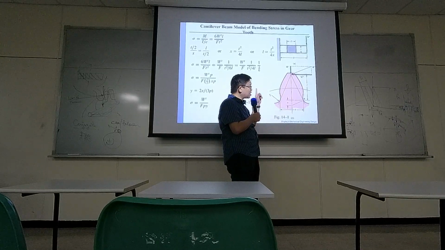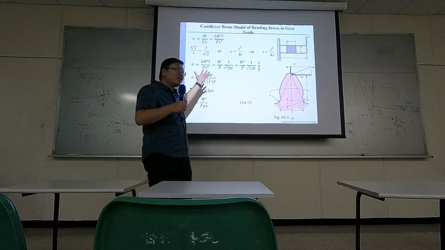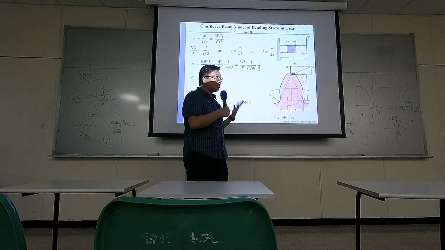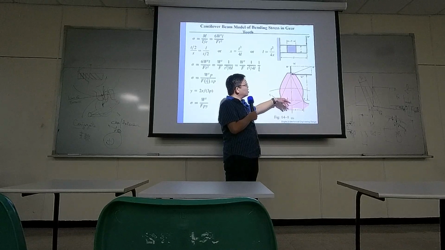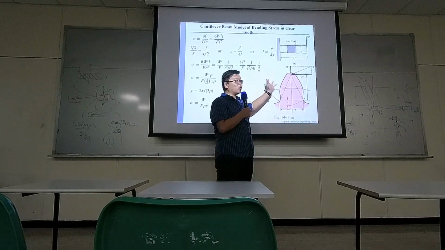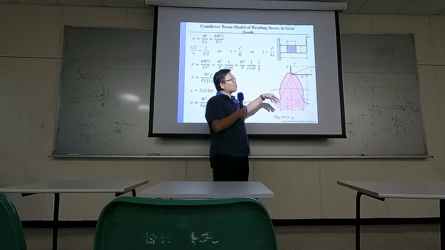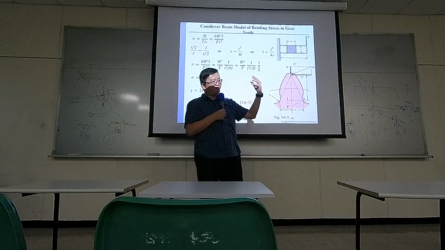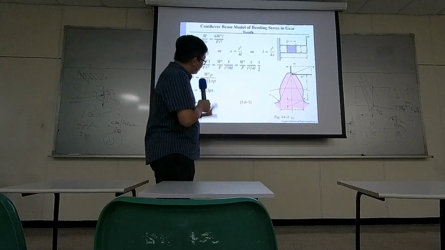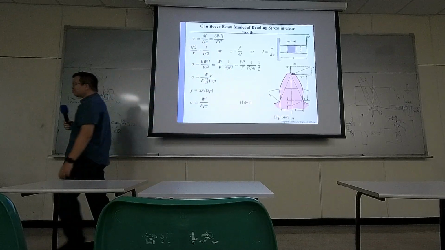Right? So next time, once we know there are forces applied to the gear, we talk about the stress analysis inside the tooth. Okay, and there will be a bunch of models for this. So see you next week.